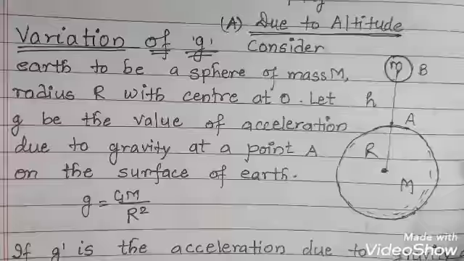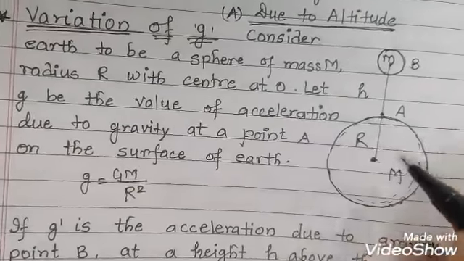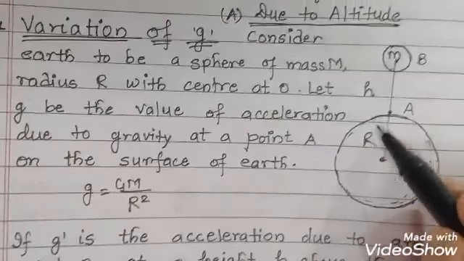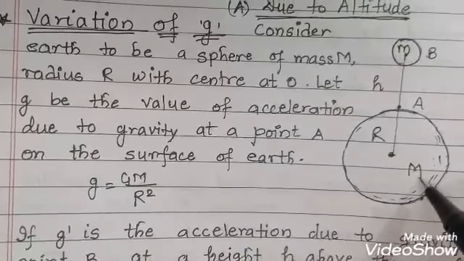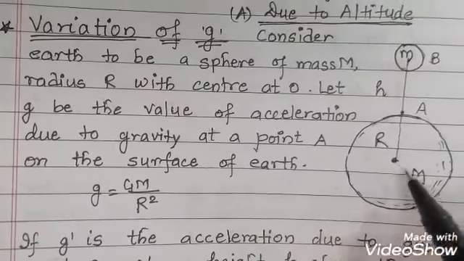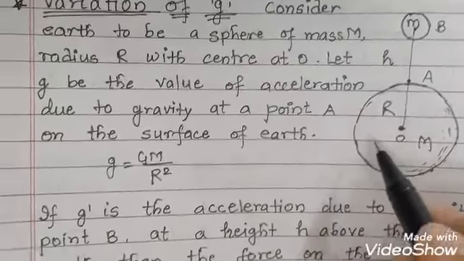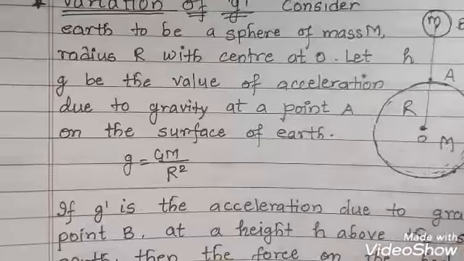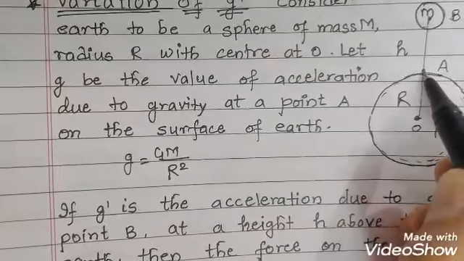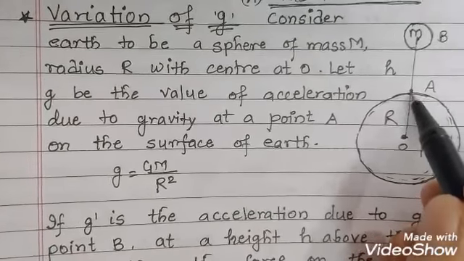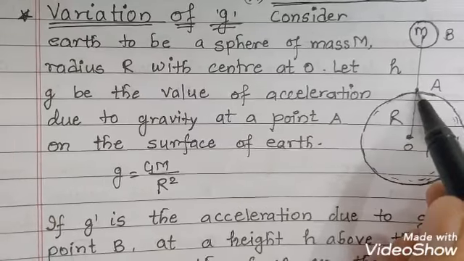For this, we will consider Earth to be a sphere of mass m, radius r, with center O. Let g be the value of acceleration due to gravity at point A. This is the point A, just touching the surface of the Earth.